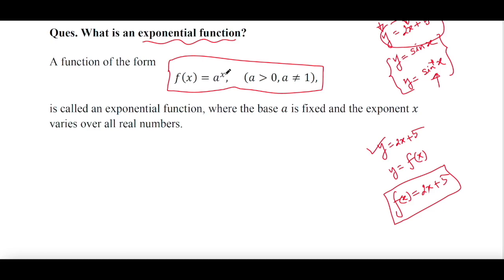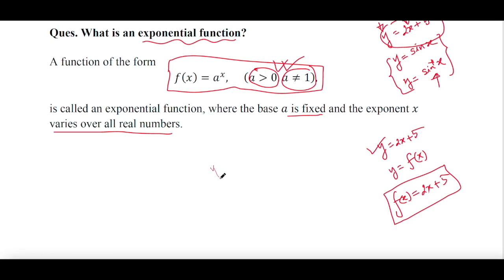In the exponential function, the exponent varies over all real numbers, but base a is fixed. Then it is called an exponential function. However, without this condition, it is not. Which condition? Base should always be positive, but not equal to 1.